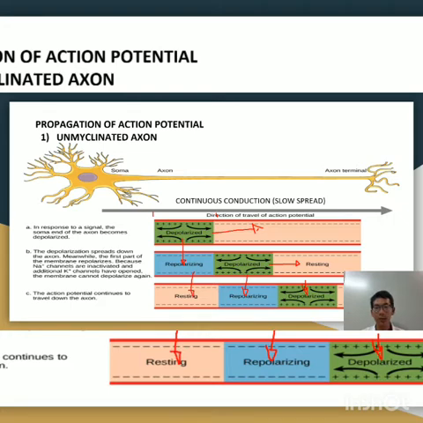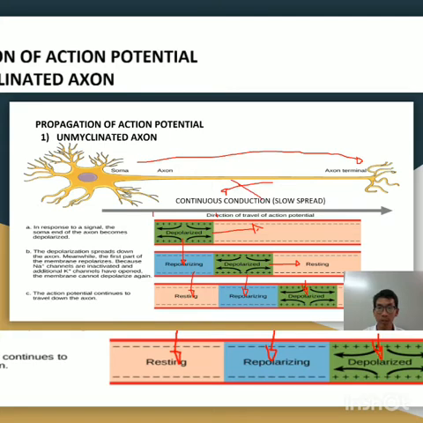It keeps continuing: depolarize, repolarize, resting, depolarize, repolarize, resting, moving down until it reaches the axon terminal. That is why the refractory period is very important, because it prevents the action potential from moving backward.